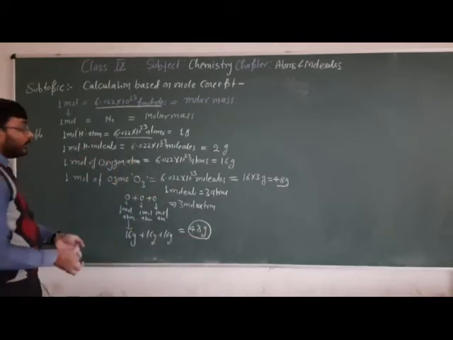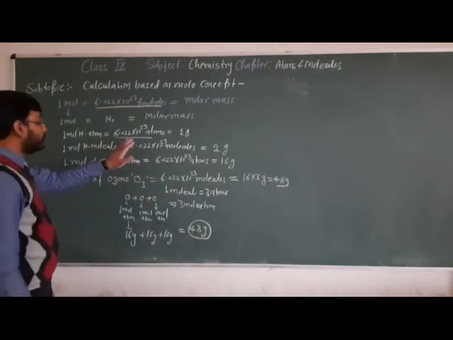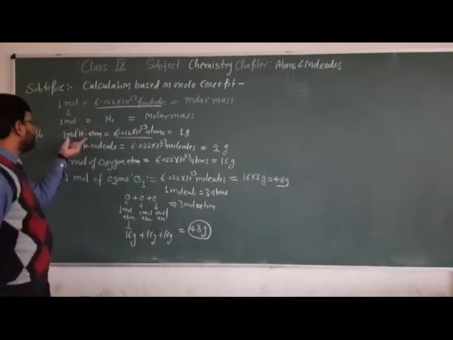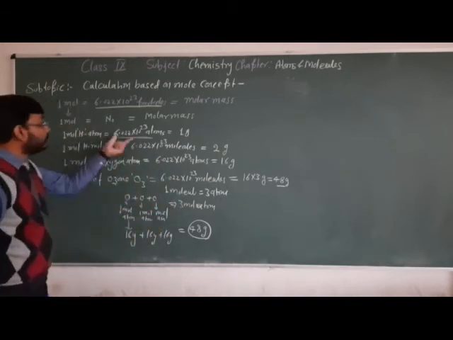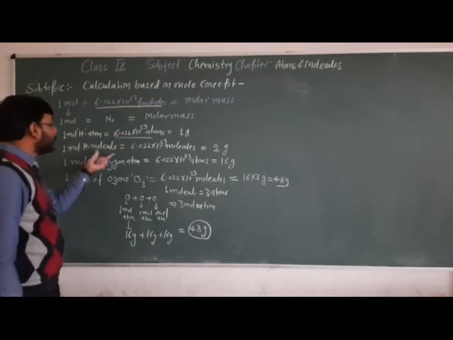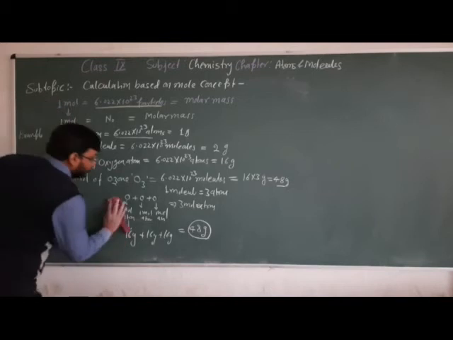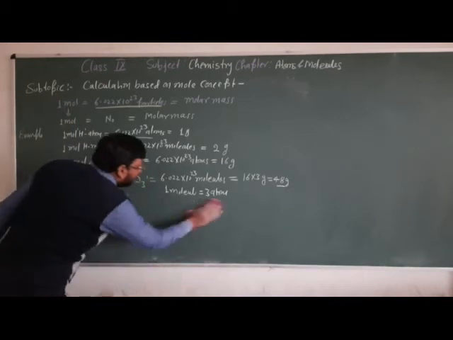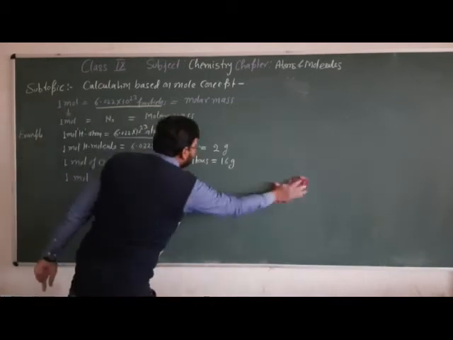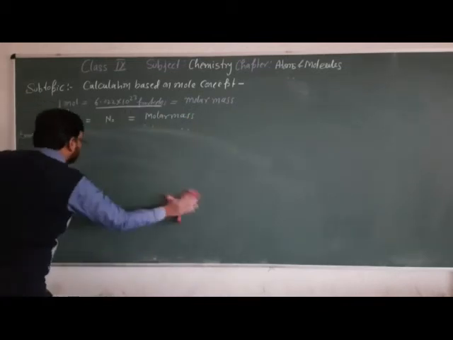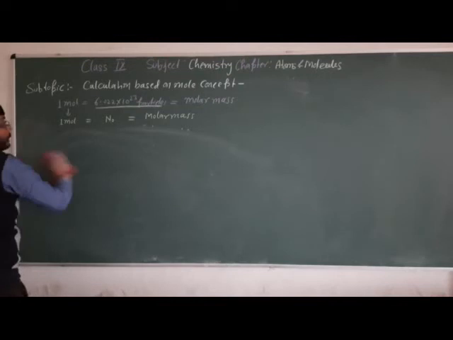Is it clear? The atomic mass and molecular mass: 1 mole of hydrogen atom has one mass, 1 mole of hydrogen molecule has another, right? Now, you remember this relation? I am coming to some numerical problems.